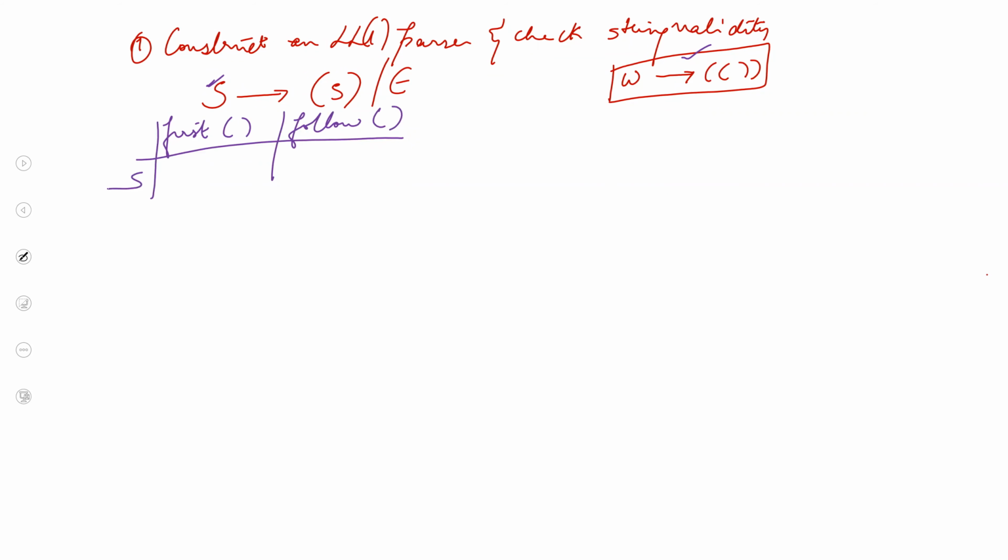We have only one rule, S. The first will be either an opening bracket or an epsilon. Now we will calculate the follow of S. S happens only over here, followed by a closing bracket. It could even be dollar. So you have now calculated the first and follow.